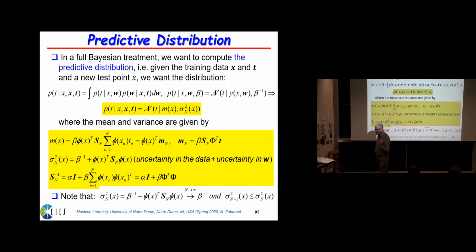Now, a second trick. If you had an infinite number of data sets, will the error go to 0? Are the error bars going to go to 0? If I give you an infinite number of data, will the error bars go to 0? What do you think?